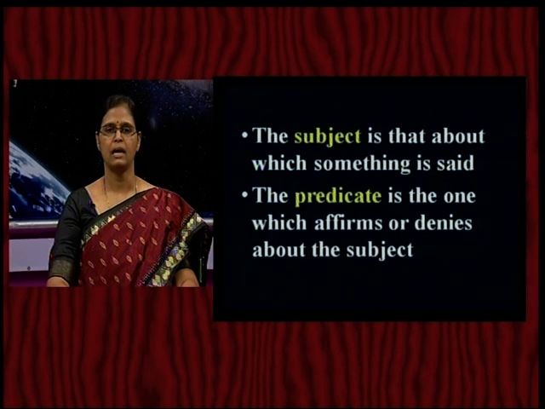We will have to identify which is the subject and which is the predicate. The subject is something about which we are discussing, and the predicate is the one which affirms or sometimes denies about the subject.